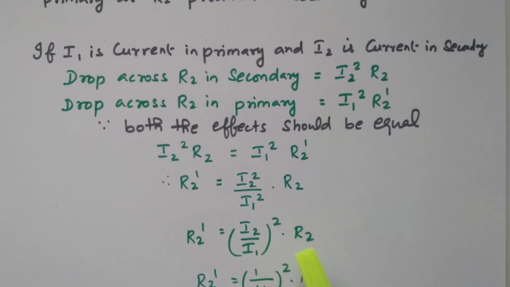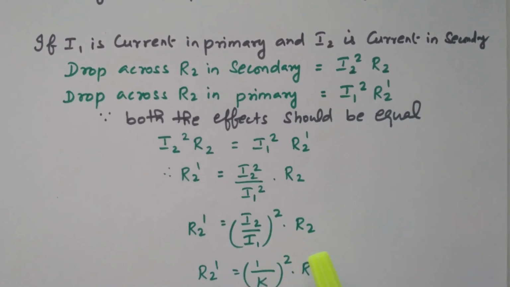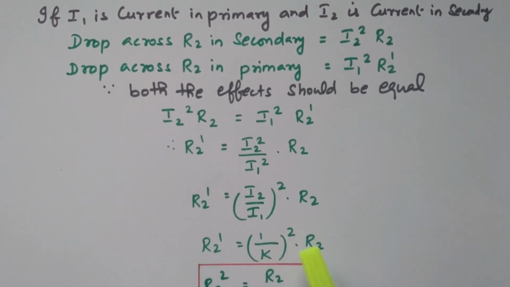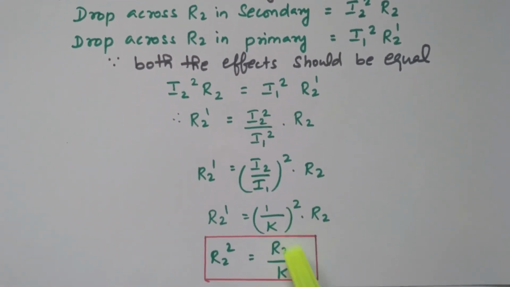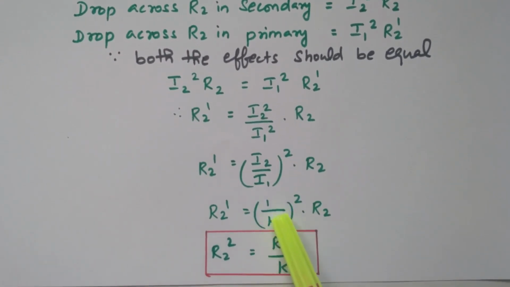We know that I1 by I2 is K, the transformation ratio. Here I2 by I1 is available, so that is 1 by K. Based on the transformation ratio, I1 by I2 is K, so I2 by I1 is 1 by K, and the square is 1 by K square. So R2 dash equals R2 divided by K square.